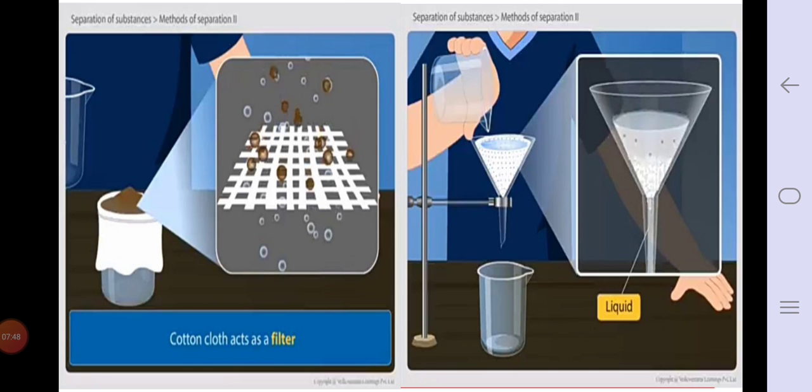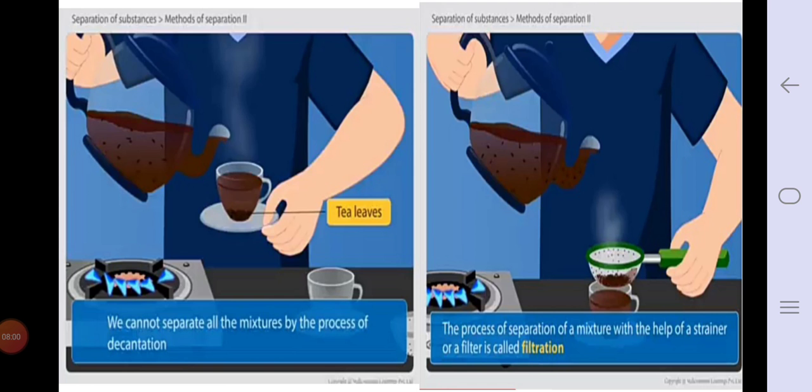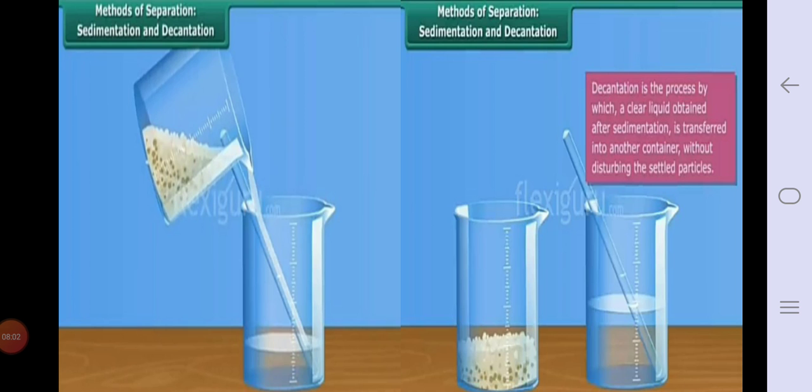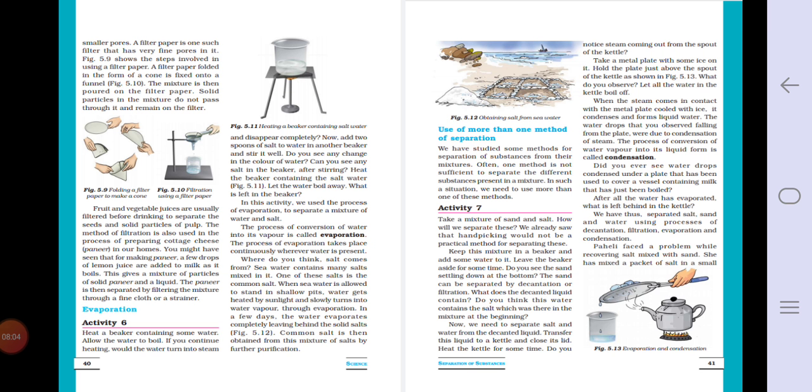If you take a filter paper, make a cone shape of it, and add the mixture of sand and water in that, you can see clear water fall down in the beaker. So these are the processes of sedimentation, decantation and filtration. Same thing is given in your textbook also, read it for more understanding.